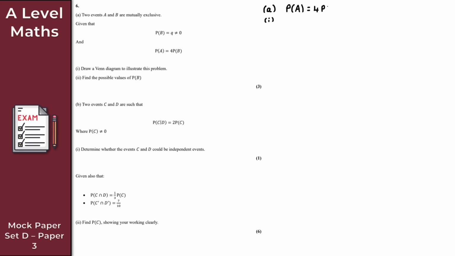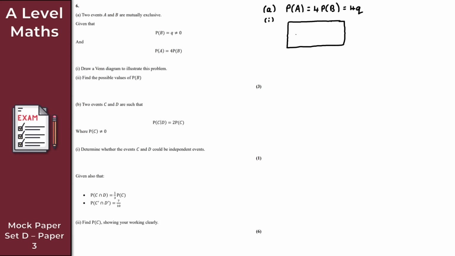So if we just draw this here as a Venn diagram, obviously the key point here is the events A and B are mutually exclusive. So there's no overlap or there's no intersection then between those two events. That's the key point here. So if we just draw a Venn diagram here, and by the way, it doesn't need to be a masterpiece, something like this here will suffice.